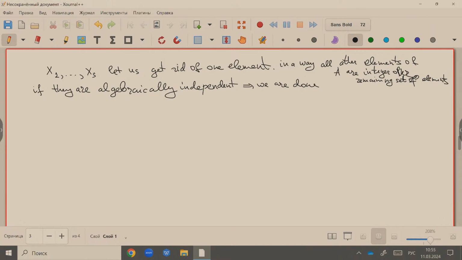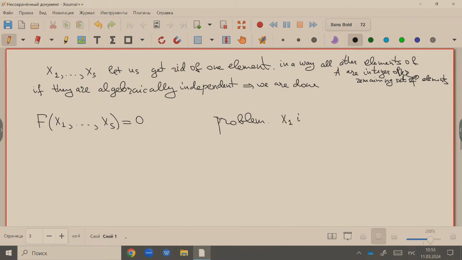Yeah, so if we assume that they are algebraically dependent, so you have algebraic dependence relations, but you can have a problem. Yes, just the problem that in order to say that x1 is integral over the remaining set of elements, you should have highest coefficients.